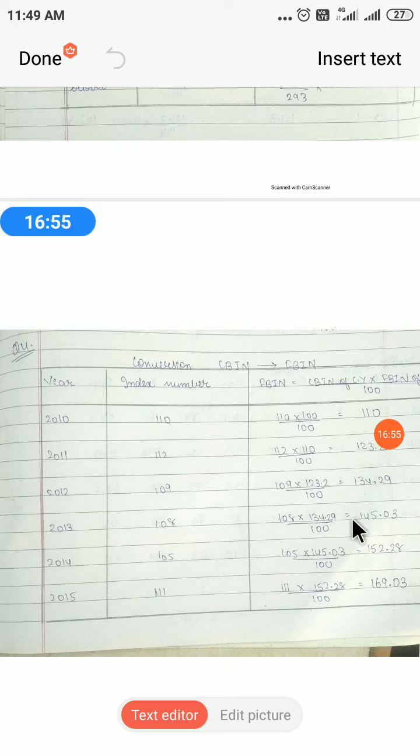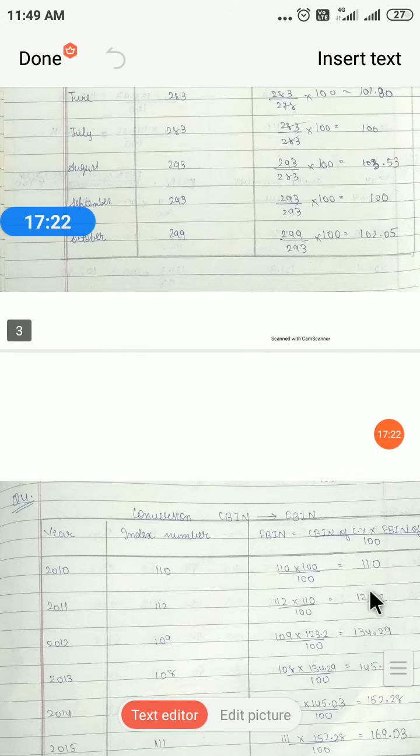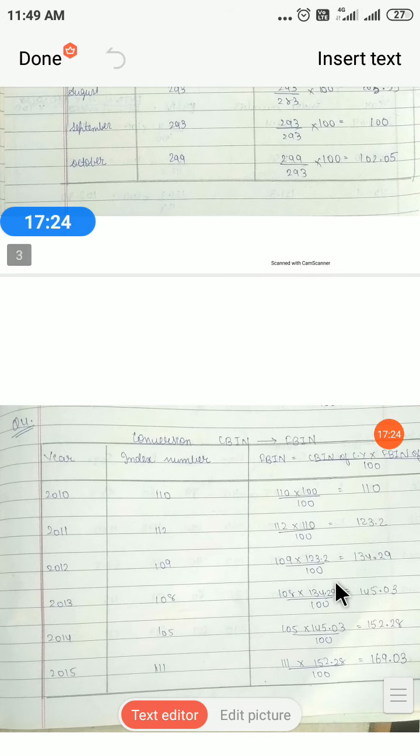So 145.03. For the year 2014, 105 into 145.03 upon 100. So 152.28. Next and last is 2015. So 111 into 152.28 upon 100. So you will get your answer 163.03. In the exam, all figures should be correct for getting full marks.